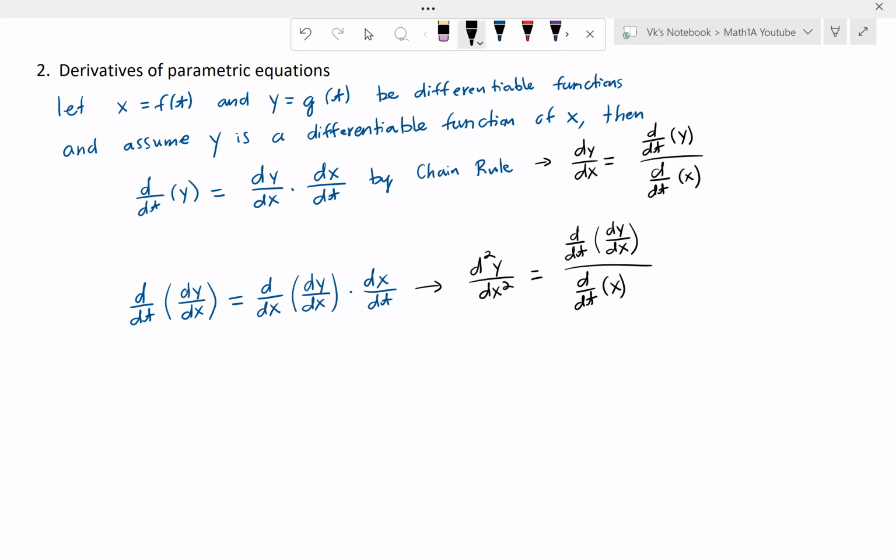If f(t) and g(t) are the position of a particle at time t, then the first derivative is the velocity and the second derivative is acceleration.